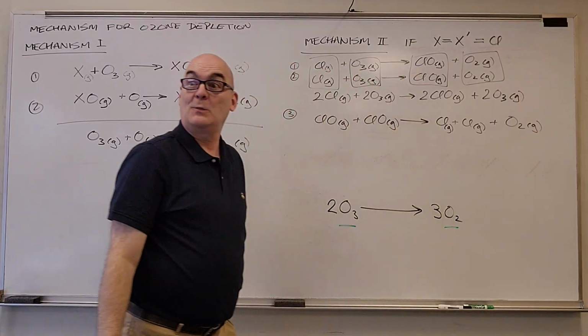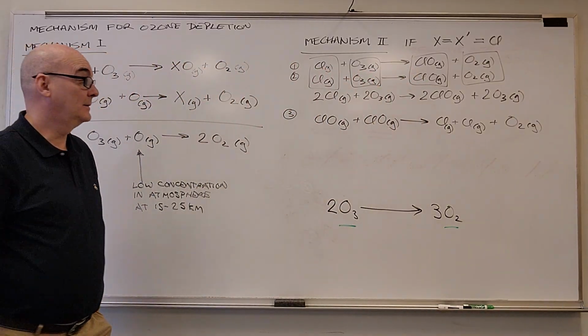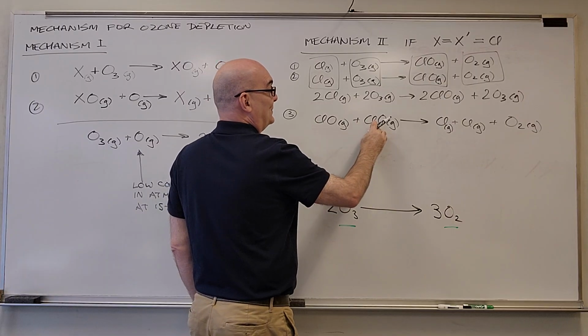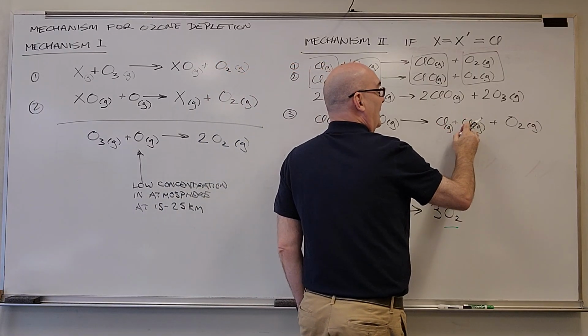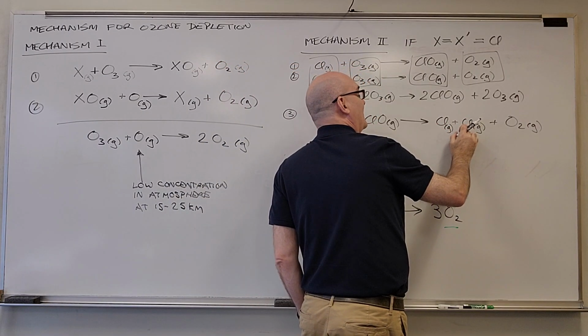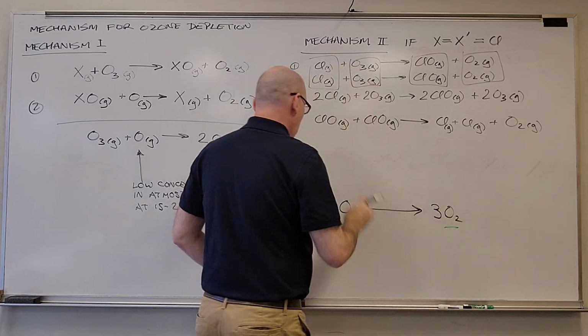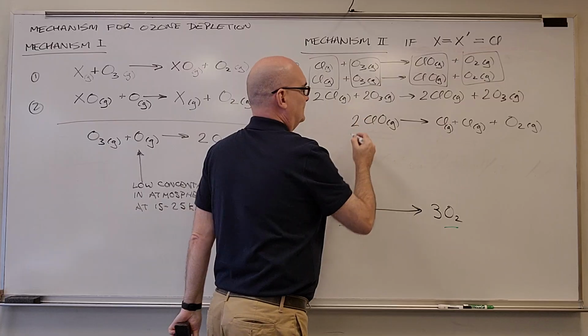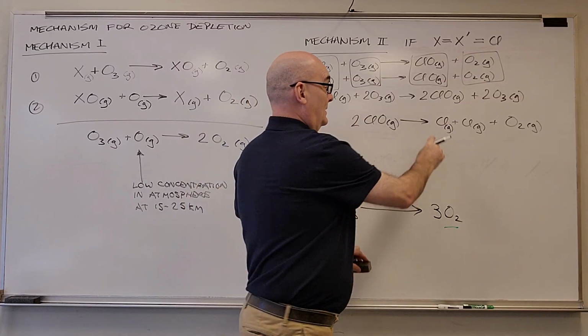Okay. All right, well, let's simplify this line. So that was XO and X prime O makes X and X prime plus O2. These are the same thing. These are the same thing.